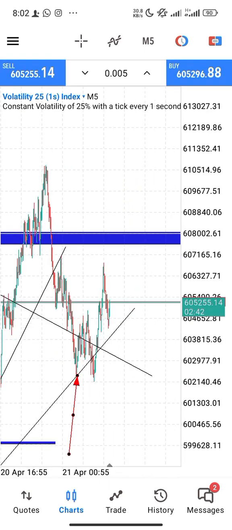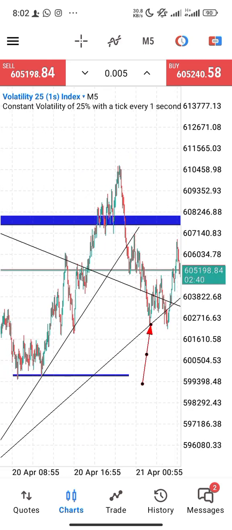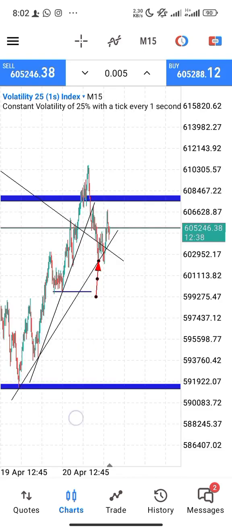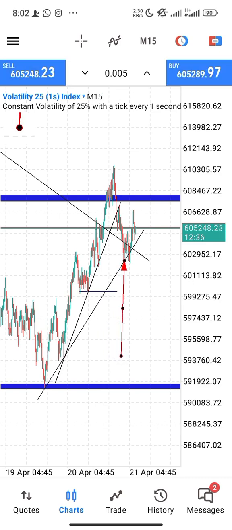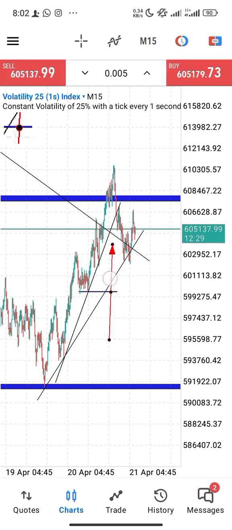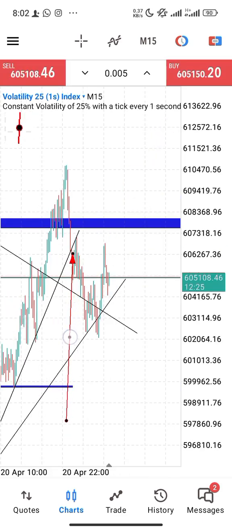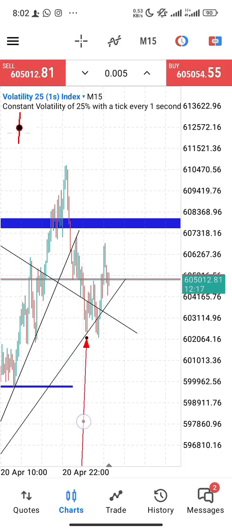Yes, to this place, that's to this trend line, to this 15 minutes trend line, this one like this. This is the first trend line, this is the second trend line. So when you get a retracement in M5 for a scalper to sell, the scalper will sell all the way here.